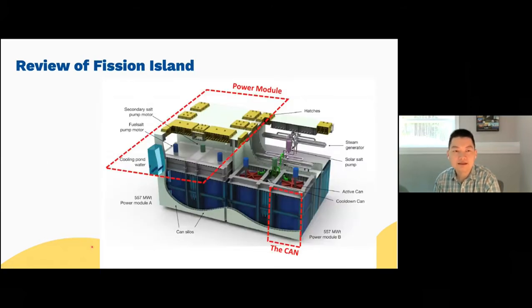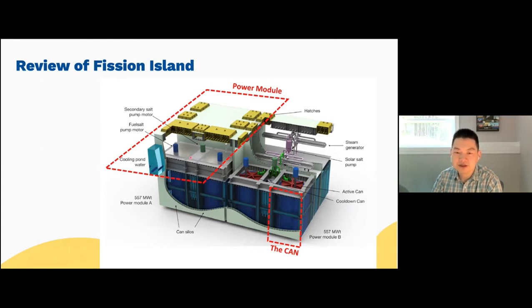So let's review the fission island a little bit. As I said, the fission island is equivalent to the reactor building of the traditional power plant. This is a cutaway view of the fission island. As you can see, each fission island has two power modules, one on the left, one on the right.